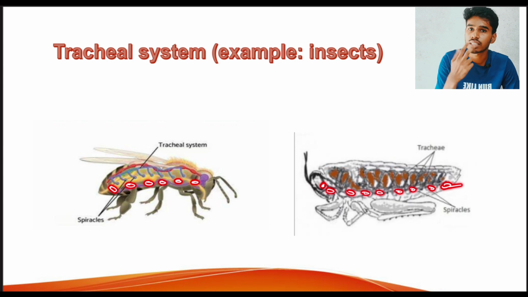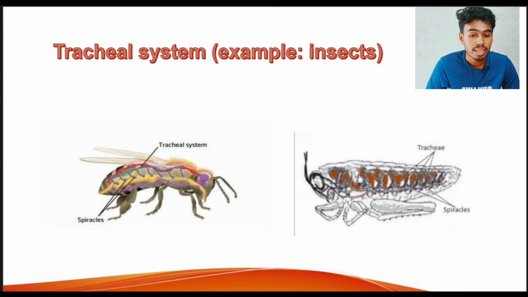As we have two holes in the nose, the insect also has small openings in the body responsible for the exchange of gases, called spiracles. This is called the tracheal system.